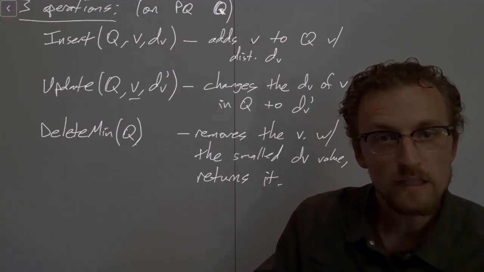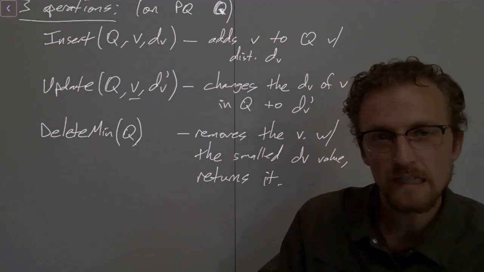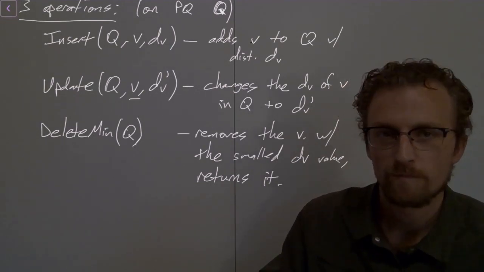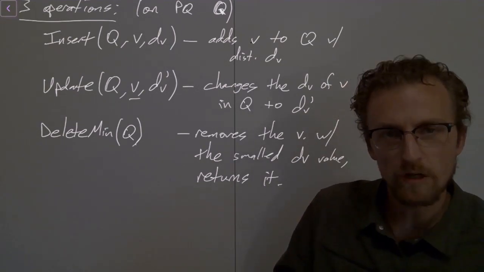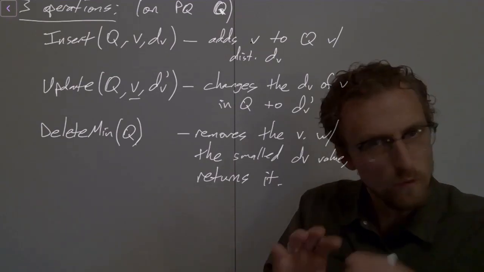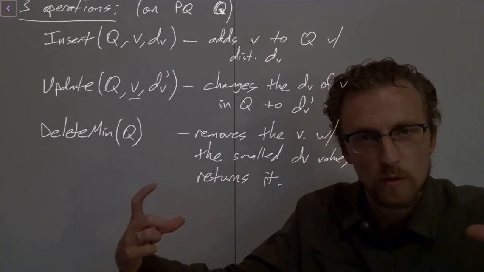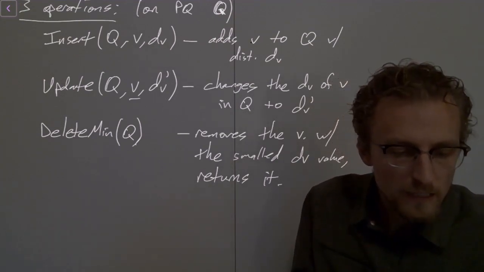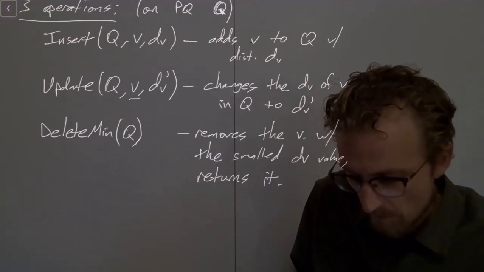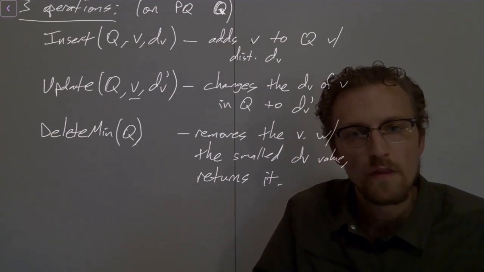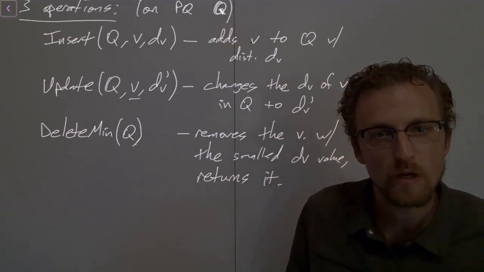Let's think about how much time each of these operations take. If you think of the priority queue as initially having all the nodes in the graph, let's see if we can come up with a way of writing down the time complexity of each of these operations.